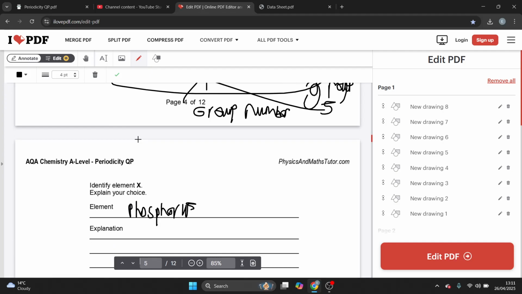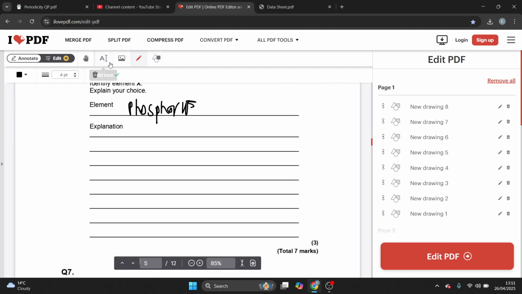Well, in this case you can't just say because it's got this many electrons. First things first, it's only 2 marks.